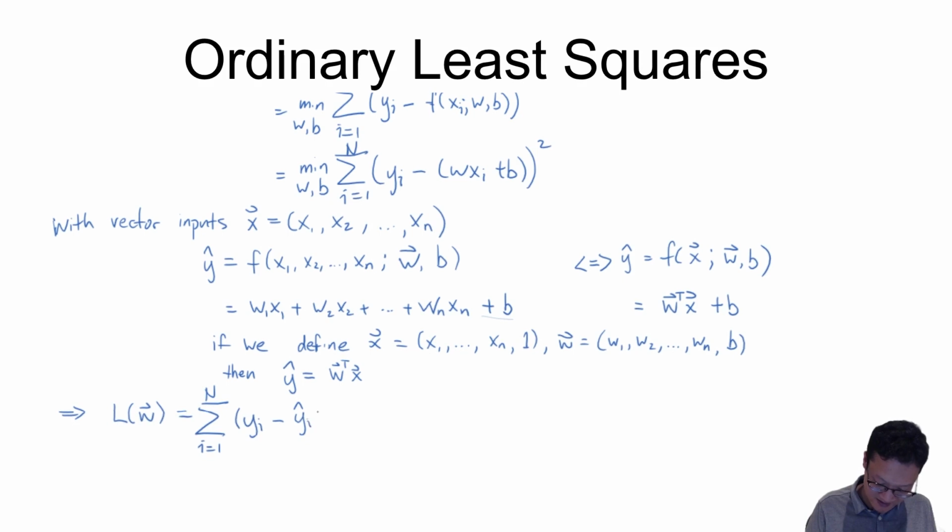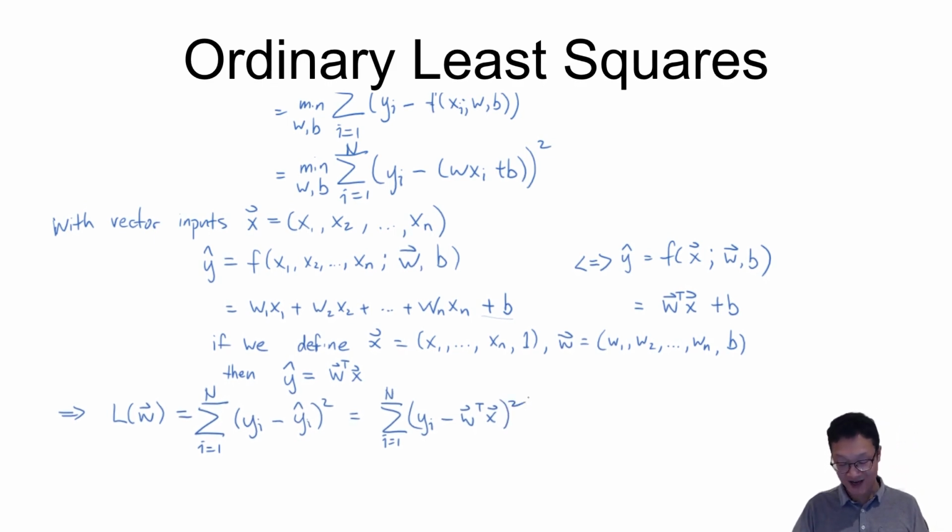This equals the summation from i equal 1 to n of yi minus w transpose x, all of that squared. For now, yi is still a scalar, but w and x are vectors.